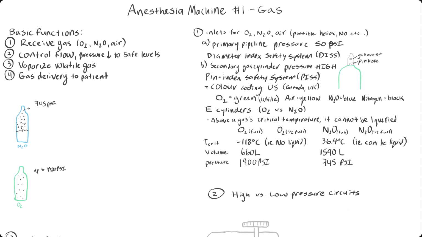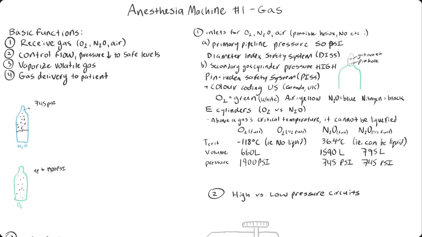It's still going to be 745 psi because that's the pressure that the nitrous exerts in its gas form in this enclosed container. So even when you have your nitrous tank now only half full, you've used half of your potential gas from that tank, and you're left with 795 liters instead of 1590, but the pressure is still going to be read as 745 psi.